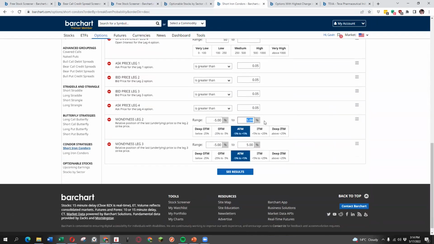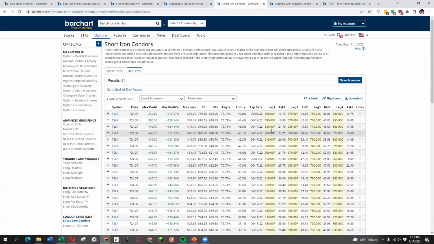And we'll make sure everything's out of the money again. And there we go. So now we have our top iron condor result filtered by probability.